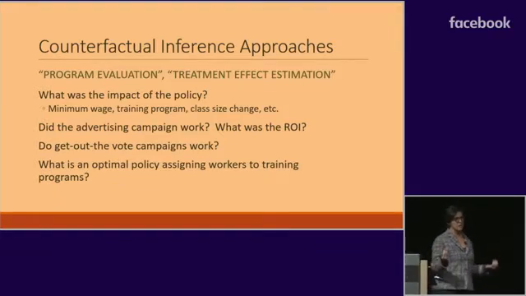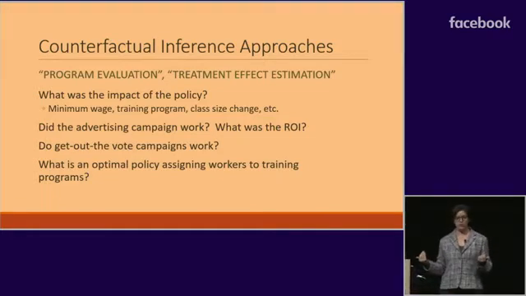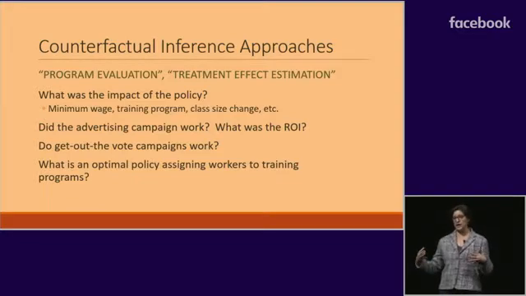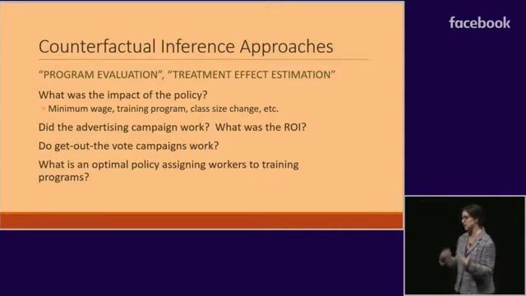And so the examples of the kinds of questions we've been worrying about for a long time are things like, what was the impact of raising the minimum wage? This is a very famous paper from several decades ago trying to look at the impact of changing the minimum wage, and you're comparing New Jersey to Pennsylvania, and you try to use one as a control for the time trend and the other to understand the impact of the minimum wage.